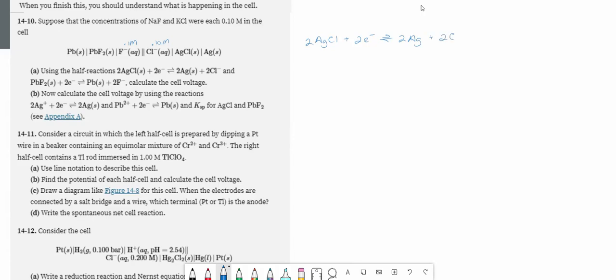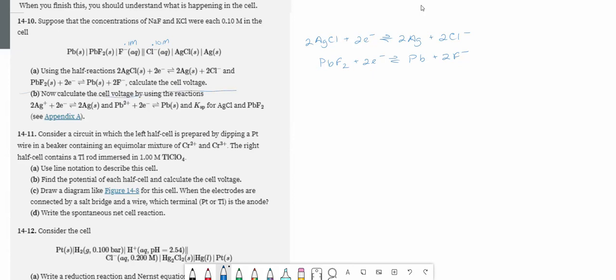2Ag plus 2Cl minus, and then we have PbF2, 2 Pb, and 2F minus. So before I calculate the cell voltage, if I was going to ask you this, I would stop here.